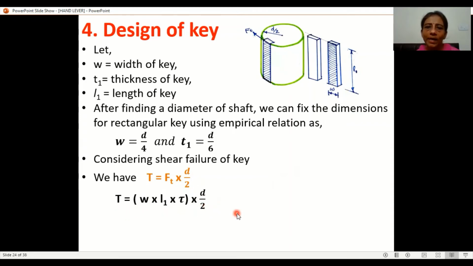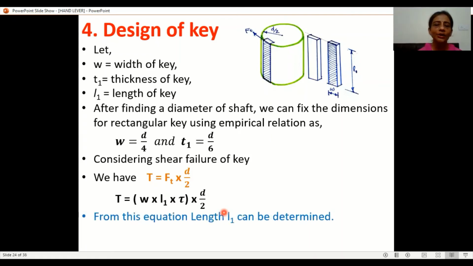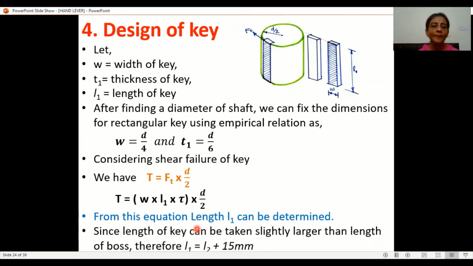Using this equation, either we can find the length of the key or we can find the shear stress induced in the key material. If we want to find the shear stress induced in the key material, then we need to use the empirical relationship that the length of the key will be slightly larger than the length of the boss, for holding length is required.